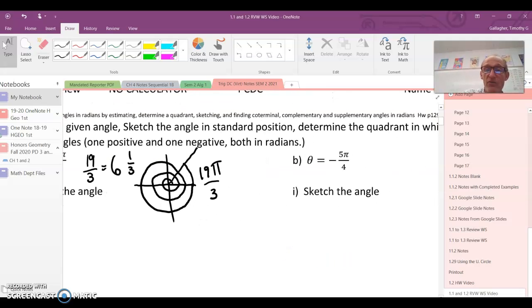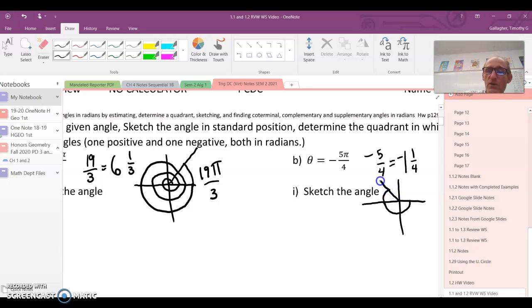Now, negative 5 pi over 4, negative 5/4 is negative 1 1/4. So that is negative 1 pi, which is halfway around, and then 1/4. So this is negative 5/4 pi.